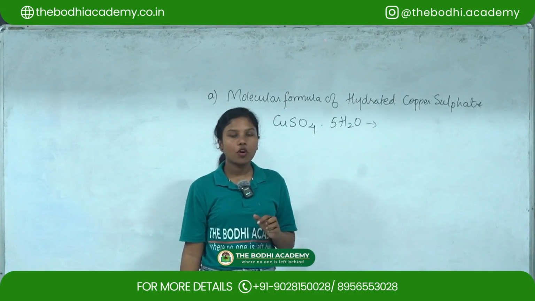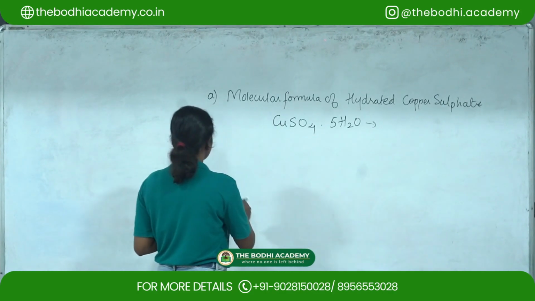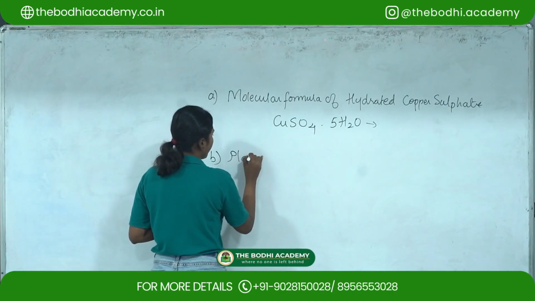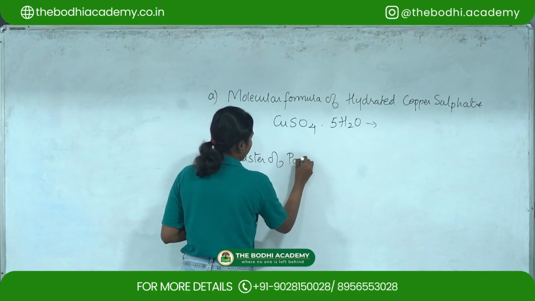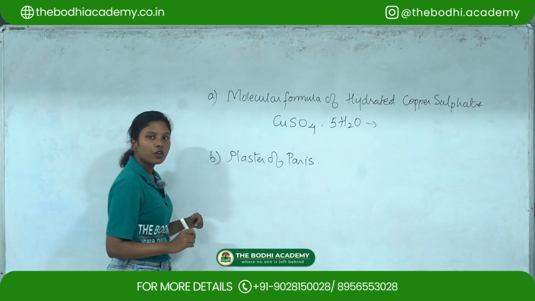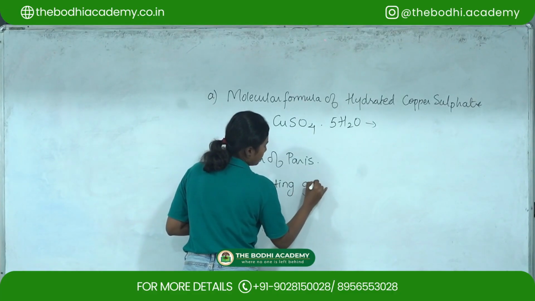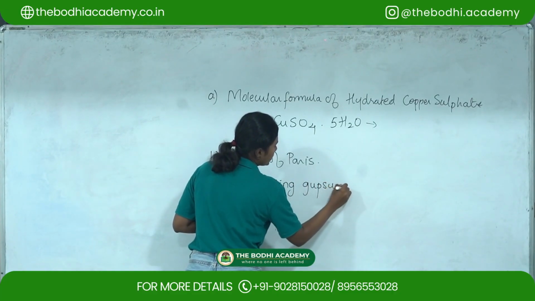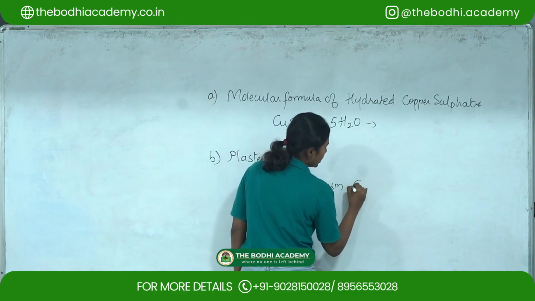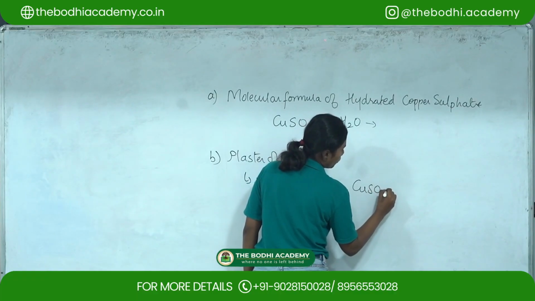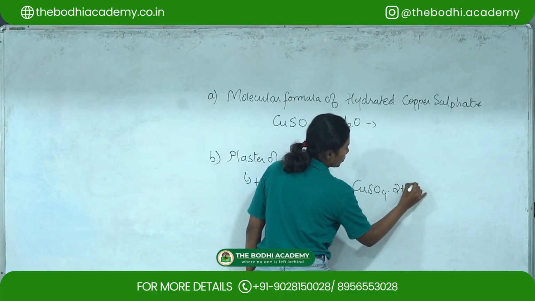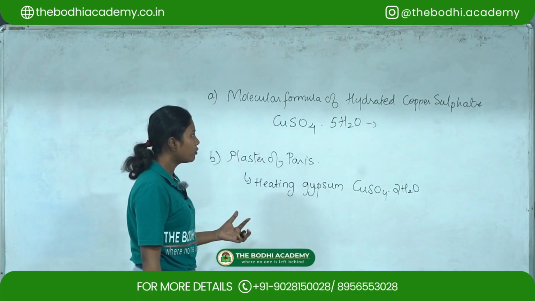How is plaster of Paris prepared? So the second question is about plaster of Paris. Now plaster of Paris is prepared by heating gypsum. Now this gypsum is nothing but CuSO4.2H2O, the dihydrate of copper sulfate.